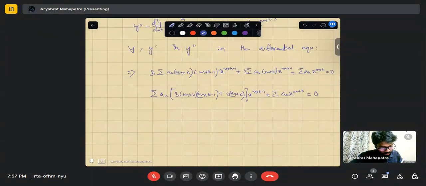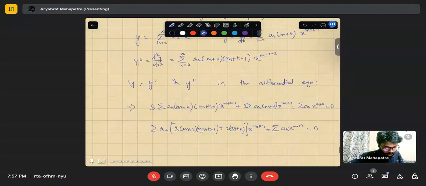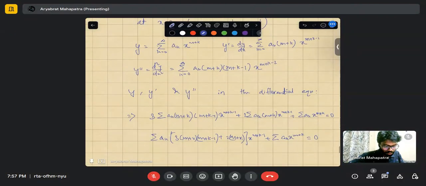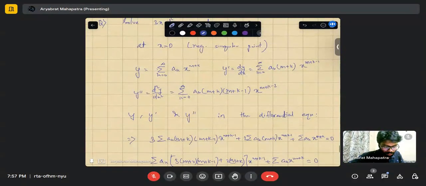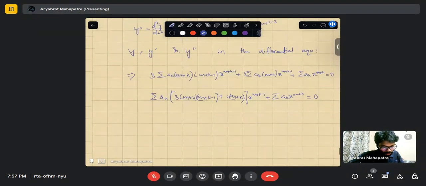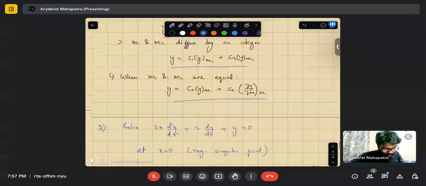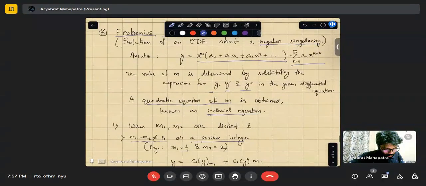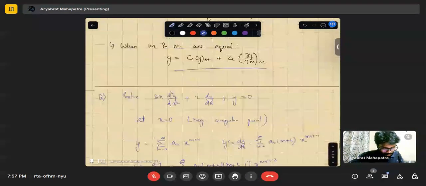So here the only difference in this methodology compared to the last one is the one where you will determine what is m. That is obtained from an integral equation, which I was telling you about. This is the integral equation which you have to calculate.